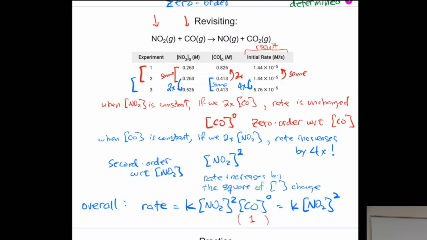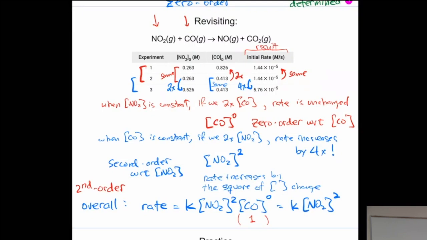And overall, this reaction is second order. So by experiment, this reaction shows overall second order rate kinetics. And within that data, it's second order with respect to one reactant and 0 order with respect to another.